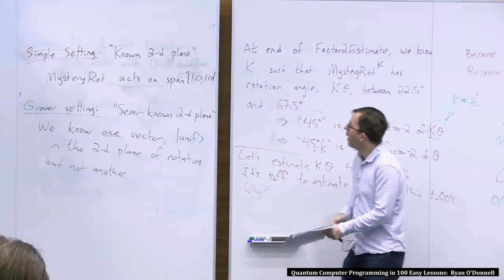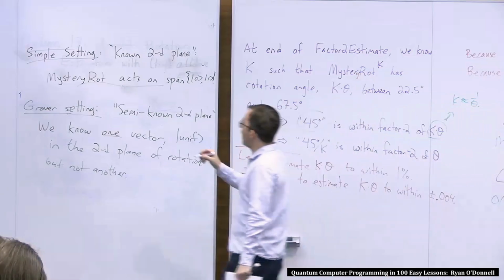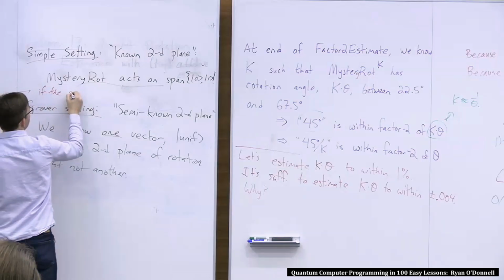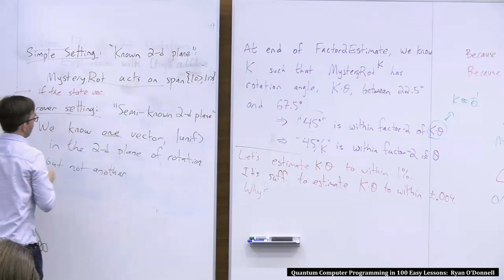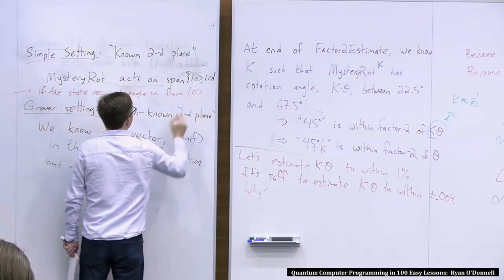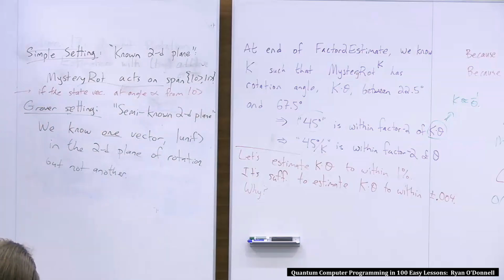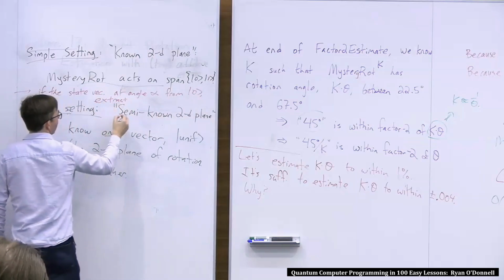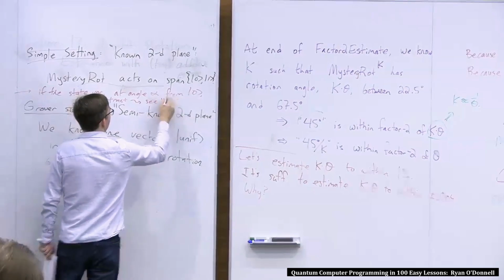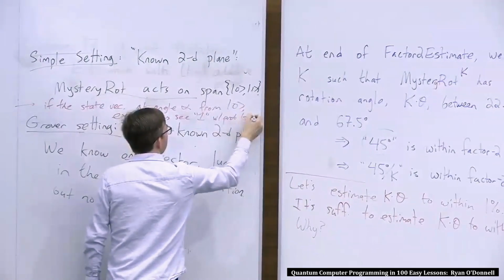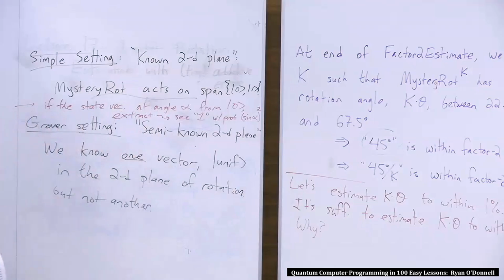You see here, what we used in this medium subroutine was the following: if the state vector is at angle alpha from the starting vector, ket 0, then we could just extract this bit, sorry for this terrible board usage, and we'd see 1 with probability sine alpha squared.